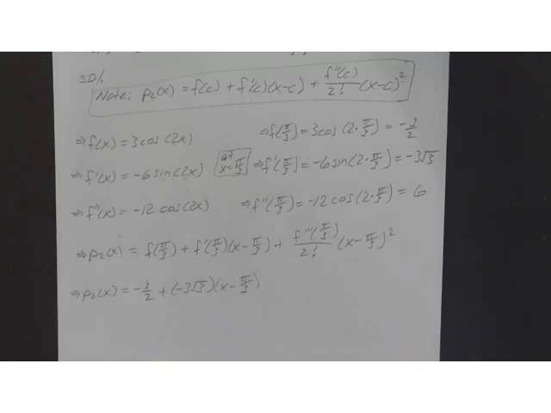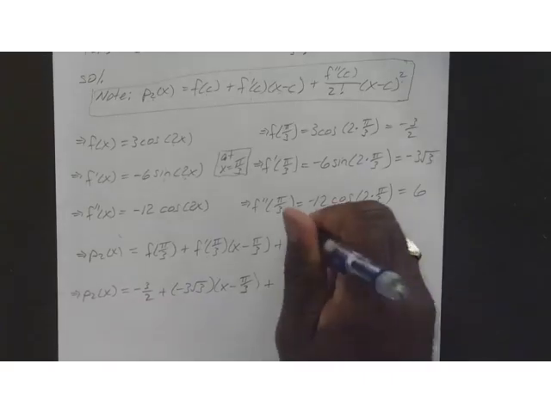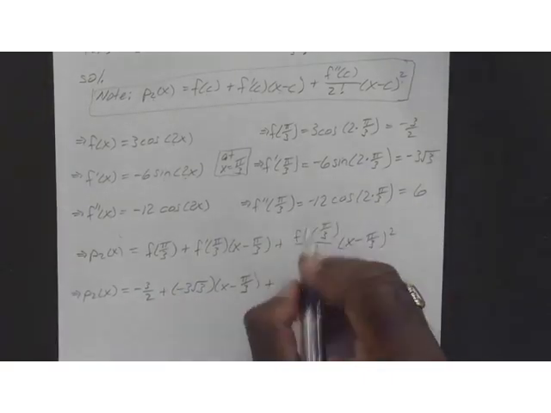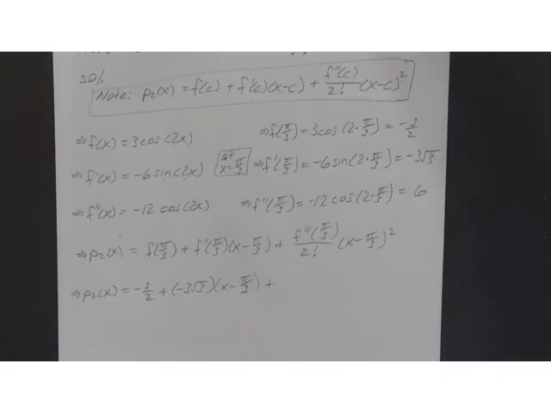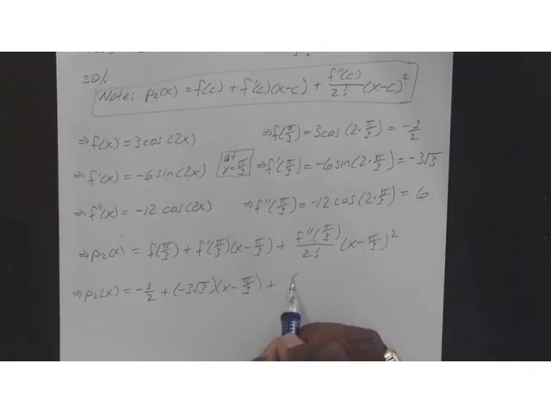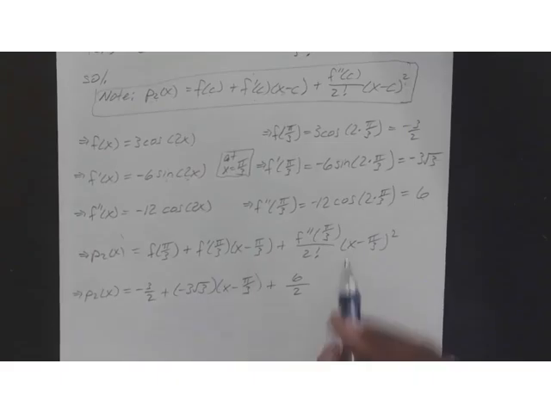Plus the third derivative at pi over 3. Did I write 3? I meant to write 2. This should be the second derivative at pi over 3, which is equal to 6 divided by 2 factorial, which is just 2 times 1, which is 2, times x minus pi over 3 squared.